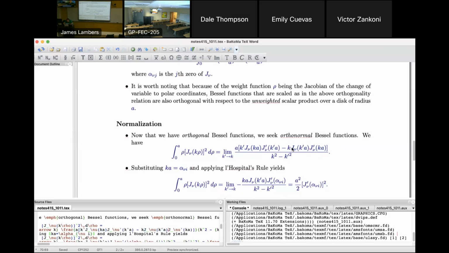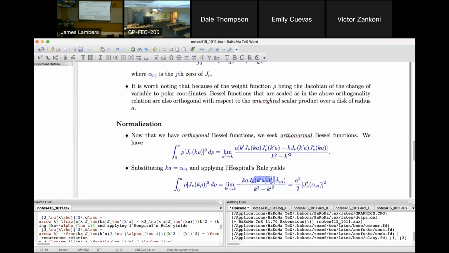So now we focus on this term right here. So we have k times a, and then we have all of this as is, but ka is also a 0 of the Bessel function. And then what we have here, we take the derivative of this with respect to k prime, we're going to get minus 2k prime.